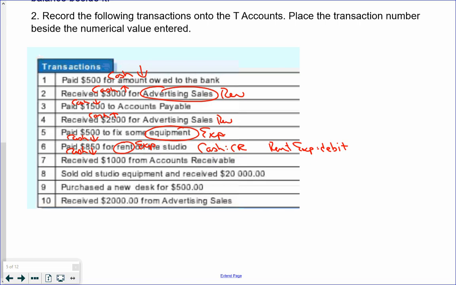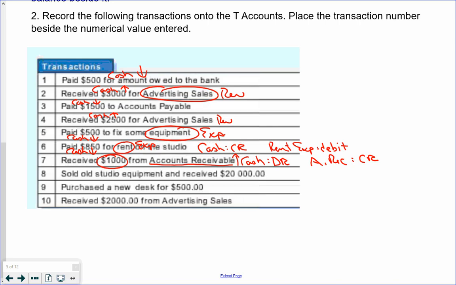Received $1,000. So my cash is going to go up. So cash gets debited. So then that means accounts receivable has to be credited.